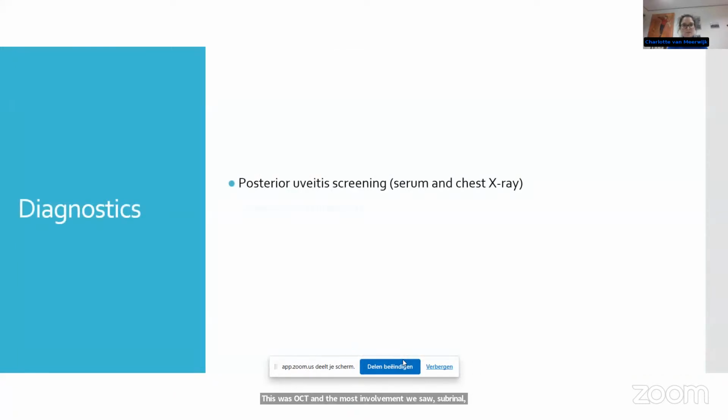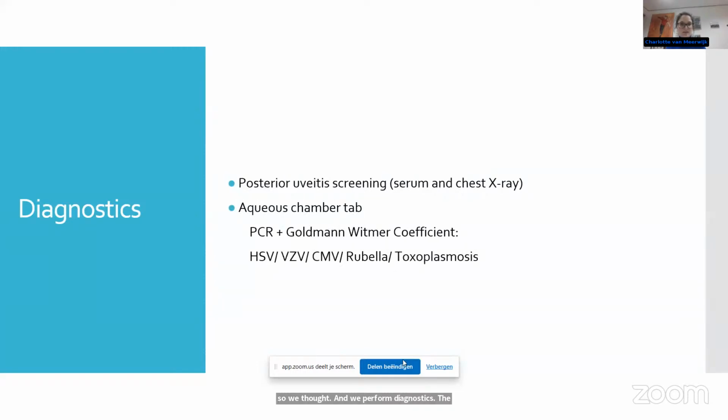We performed diagnostics, the screening. We did an anterior chamber tap for the PCR and the Goldmann-Witmer coefficient for the viral causes and toxoplasmosis, but they were all negative. Then we performed a diagnostic vitrectomy, and I have a quick movie about it, which I think is really interesting.